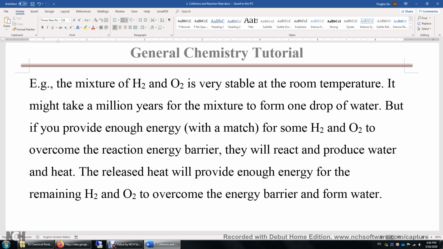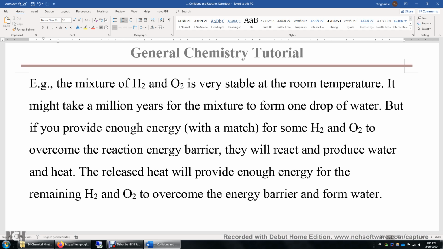But let's say you provide enough energy with a match, and then it's possible for some hydrogen molecules and some oxygen molecules to possess enough kinetic energy, and they collide with each other, they overcome the reaction barrier, they react and produce water.